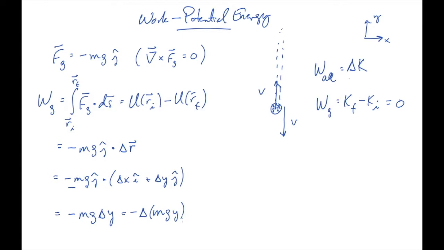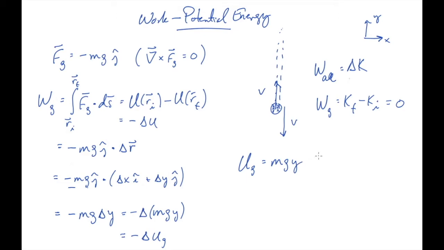And that tells me the potential energy function. This is minus delta U, so this has to equal minus delta U. It's the work done, minus delta U, I'll call it U sub g, the potential energy function for gravity. So we see that for gravity, the potential energy is mgy.